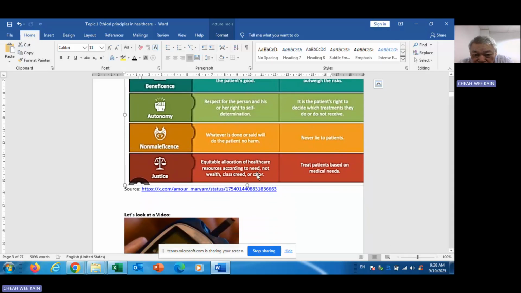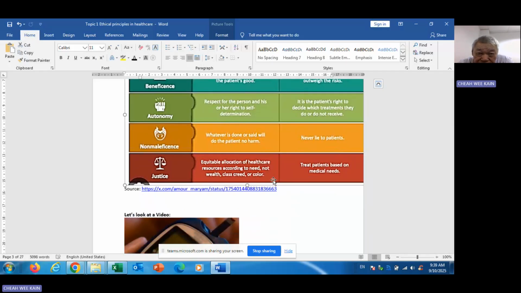Equitable allocation of healthcare resources according to need, not wealth, class, creed, or talent. Now, this one, private hospital, expensive. Only for those people who have wealth.